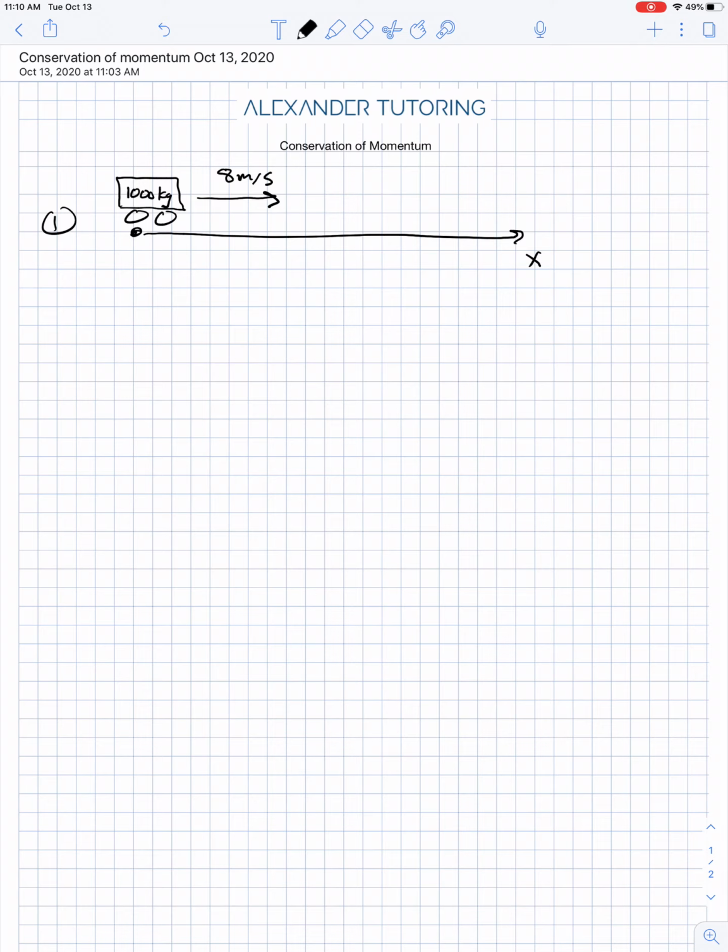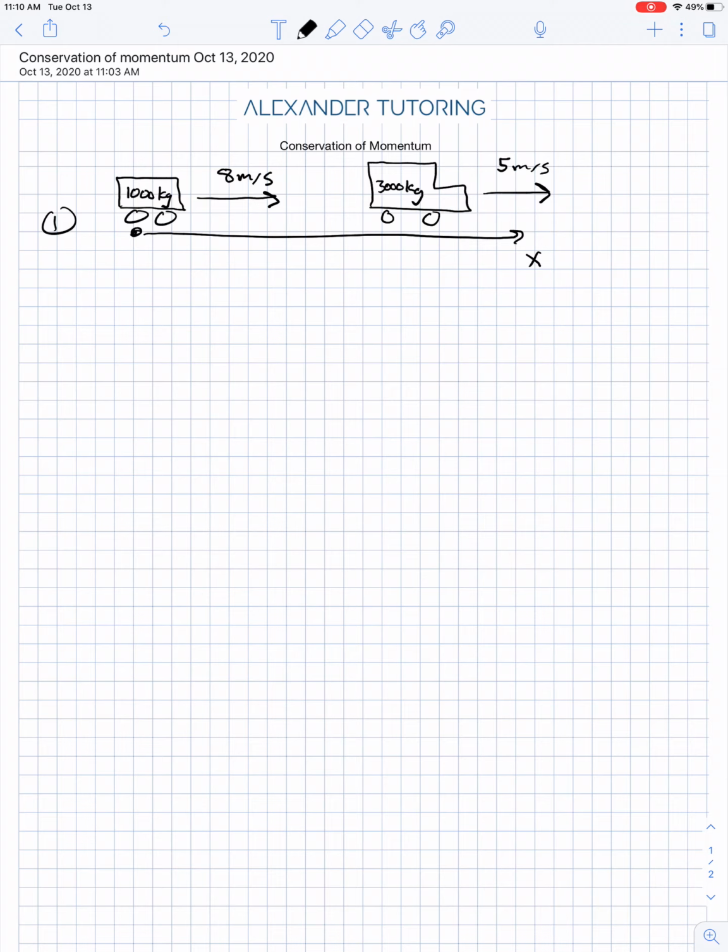And going the other direction, or actually, let's say it's going the same direction, we'll have a truck, a much more massive truck. Let's say that it has a mass of 3,000 kilograms and that it's traveling in the same direction with a speed of 5 meters per second.